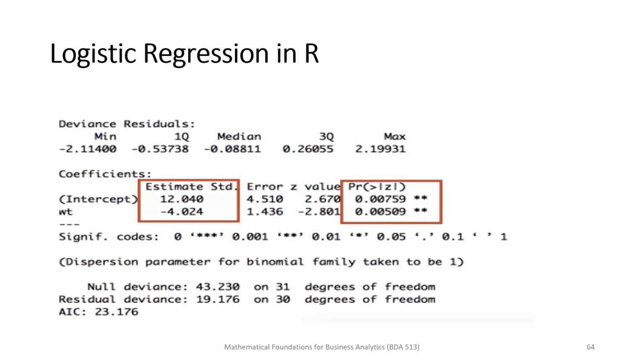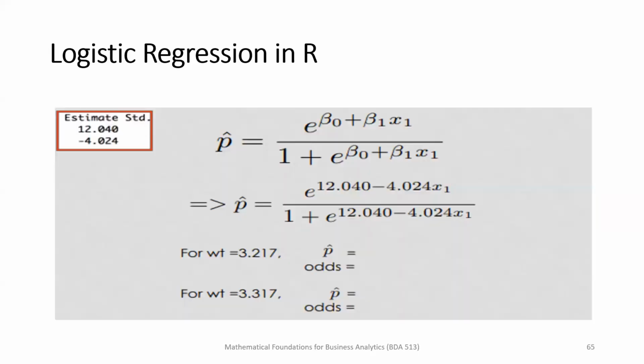Then we used these values to calculate the probability and the odds. How I understood it was we're trying to figure out how the weights will help us predict whether a car is manual or automatic. So with the calculations that we've done earlier, if we have a weight of 3.217, the probability of determining that the car is automatic is what we just calculated. Is that what we are trying to do?